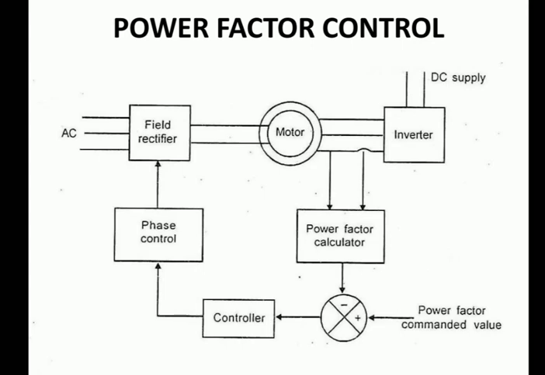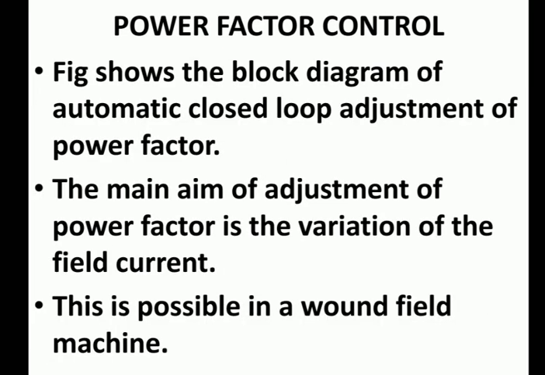Then one controller and phase control blocks are there. The figure shows the block diagram of automatic closed loop adjustment of power factor. The main aim of adjustment of power factor is the variation of the field current. So if the field current varies, power factor also varies. This is possible in a wound field machine.